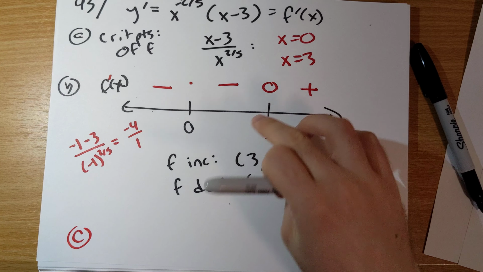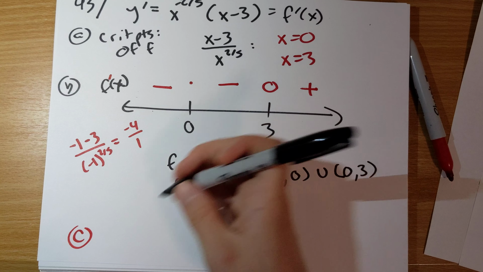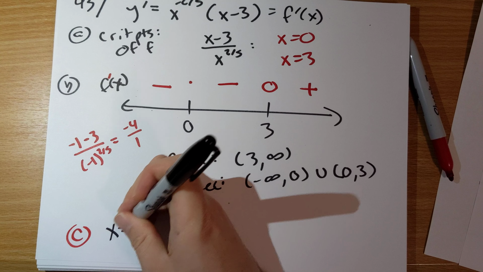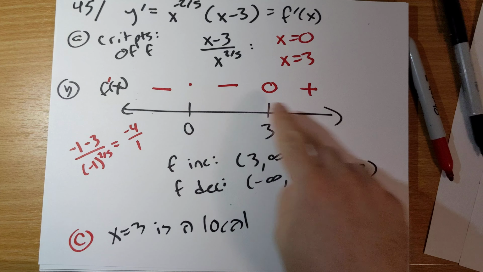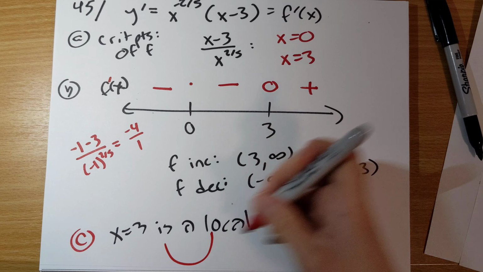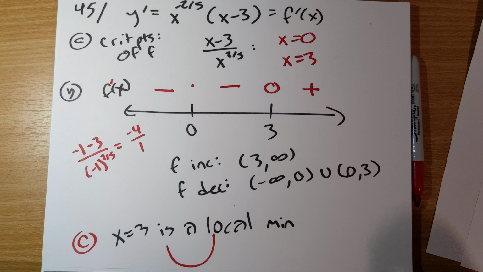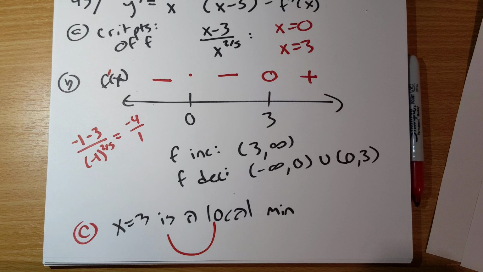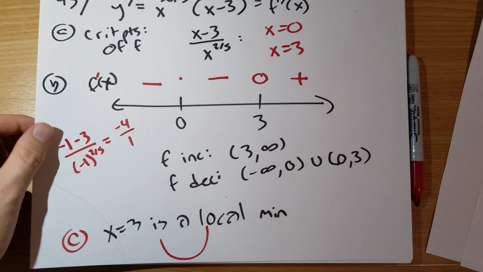So we only have one local extreme point, and that is going to be x is equal to 3. Let's see here, we're decreasing and then we're increasing. It looks like that. x equal to 3 is a local min. Okay, so that's the first three parts done.